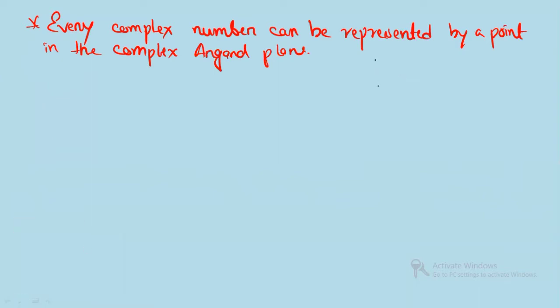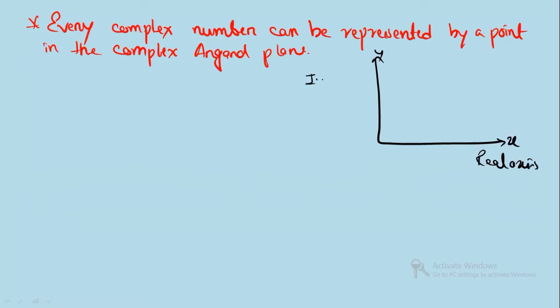So for this, if I consider two axes, x and y, x represents the real part, so I'm taking the x-axis to be the real axis. y represents the imaginary part, so I'm taking y to be the imaginary axis. This point P represents any complex number. In Cartesian coordinates, it will be x and y.